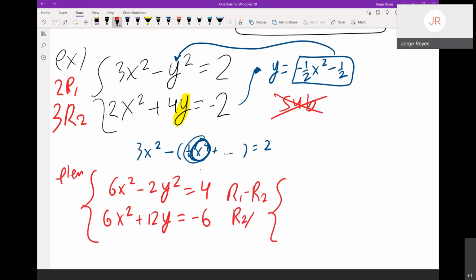So row 2 divided by 3, so 2x squared plus 4y. Actually, I'm going to divide by 6. What's wrong with me? I could have done that way nicer. Okay, so 2y... negative 1.